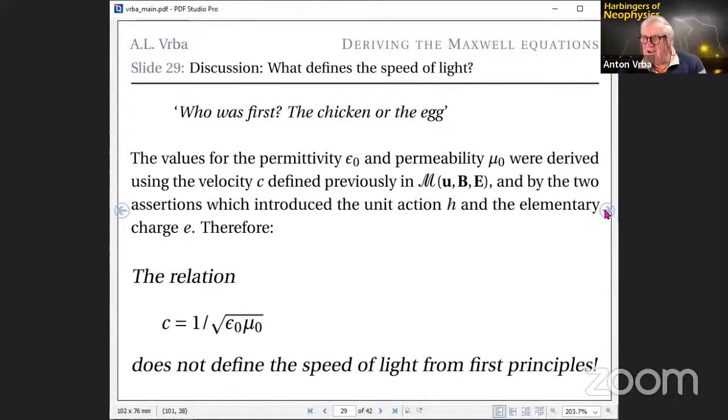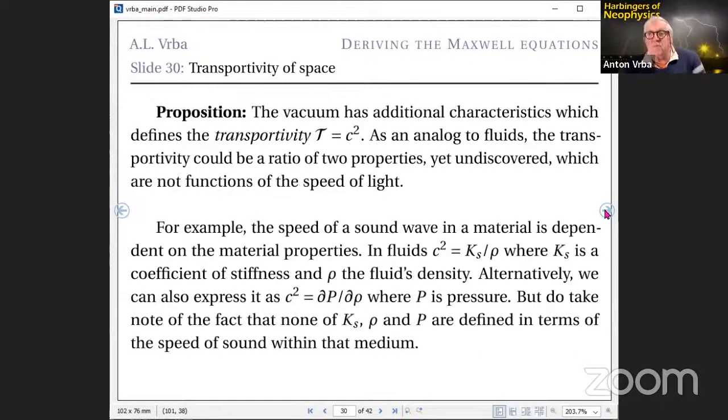But I have now derived this in a mathematical way, so in my opinion it does not define the speed of light from first principles of what the vacuum is. I thus propose a transportivity of space being c squared. How to define it, I've got no idea.